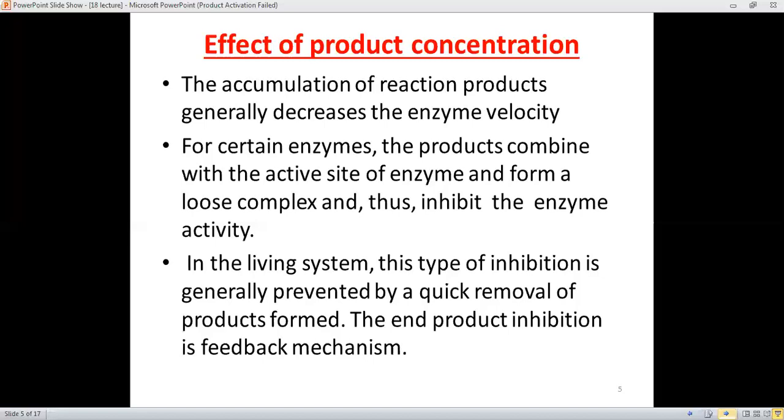As it is formed, it must be removed from the vicinity of the enzyme substrate complex or from the boundaries of the enzyme, and therefore a natural mechanism is present to remove this formed product from the enzyme site, or the space surrounding the enzyme.